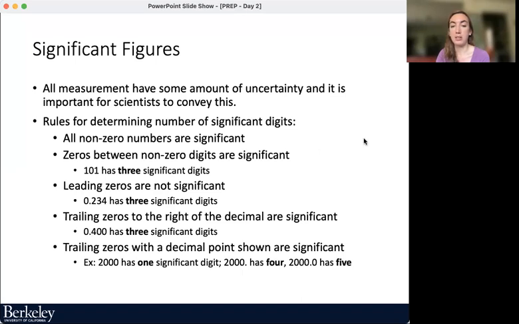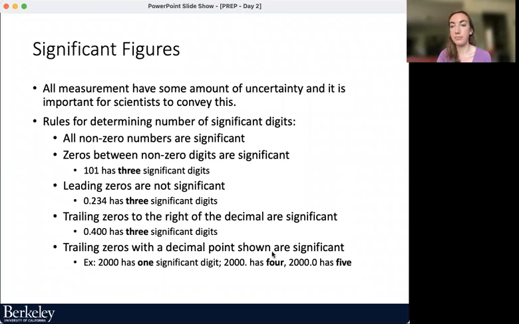Does anyone have any questions about just using these rules? Yeah. So basically the only way it's not a significant figure is if the 0's in the front? If the 0's in the front, it's definitely not significant. And then if the 0 is towards the end and there's no decimal point, like in 2000, then it's not significant. So if the 0 is in front, it's not significant, and if the 0 is at the end and there's no decimal point, then it's not significant.